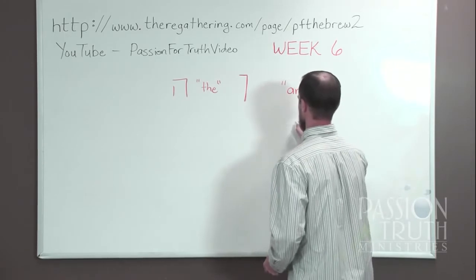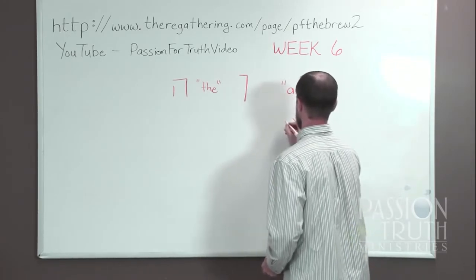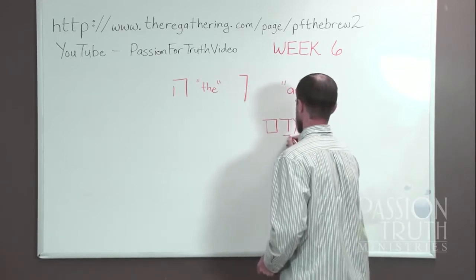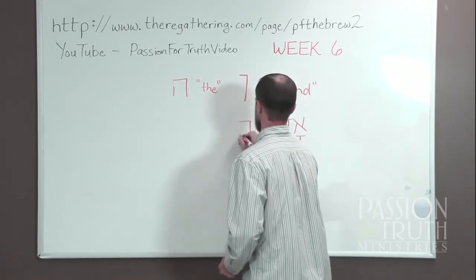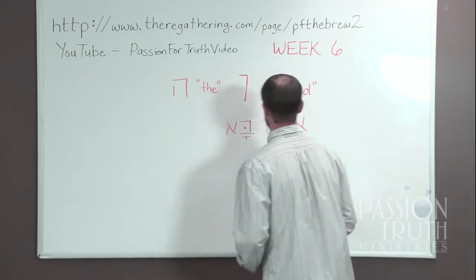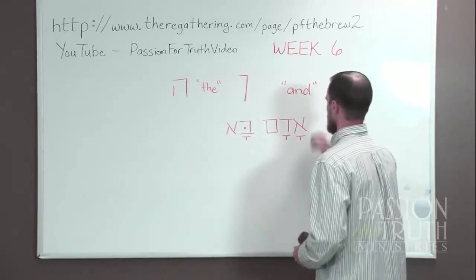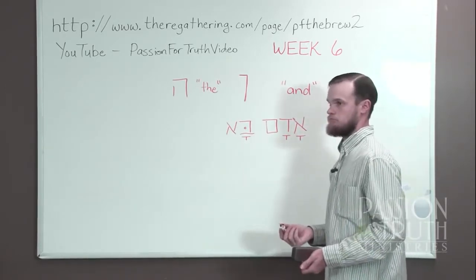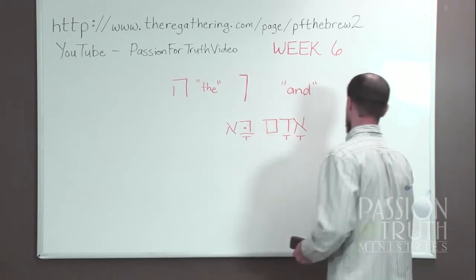So if we were to have a phrase, say, Adam is coming, okay, we could say Adam ba, or ba Adam, either way, Adam is coming. Okay, now suppose that Adam and David were coming. There's two ways we could say that.